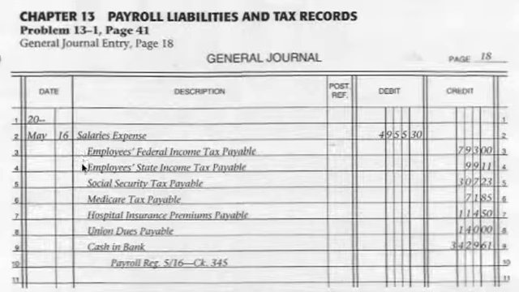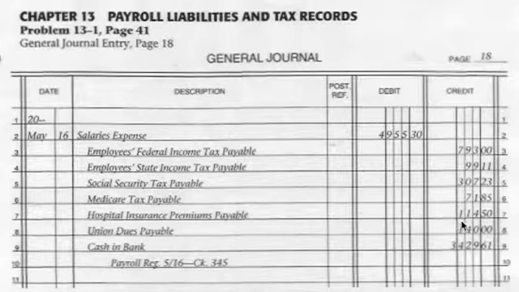So you record all items that were withheld from the employee's paycheck. And then the last thing you record is the cash in bank. And this is the net pay. This is the total amount that the employer actually wrote out for checks to his or her employees.